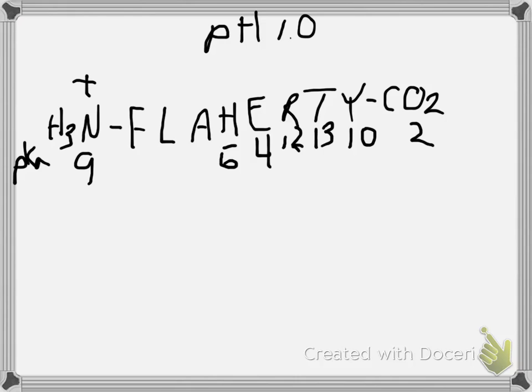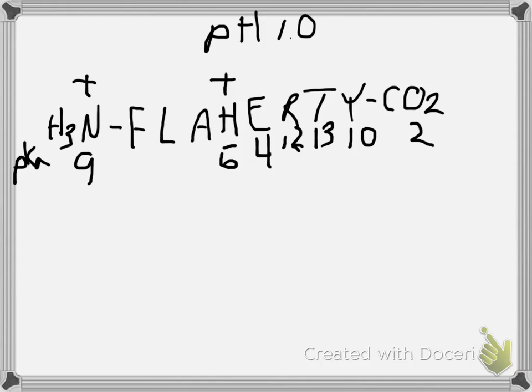When it's protonated, it's positively charged. Remember, your imidazole ring has 2 nitrogens in a 5-membered ring that's aromatic, and so when the pH is less than the pKa, things are protonated, and when an imidazole ring is protonated, it is positively charged.